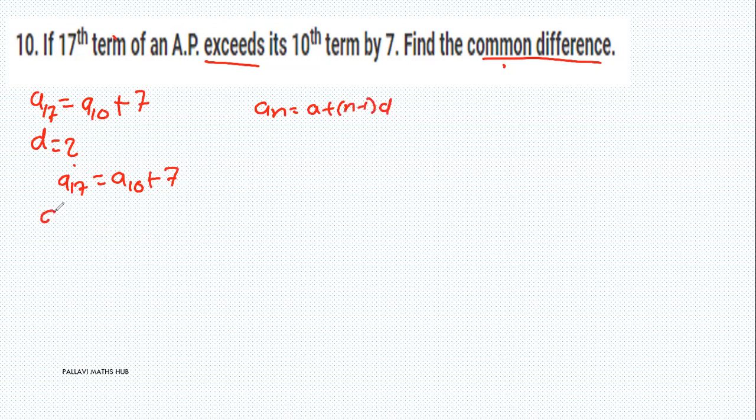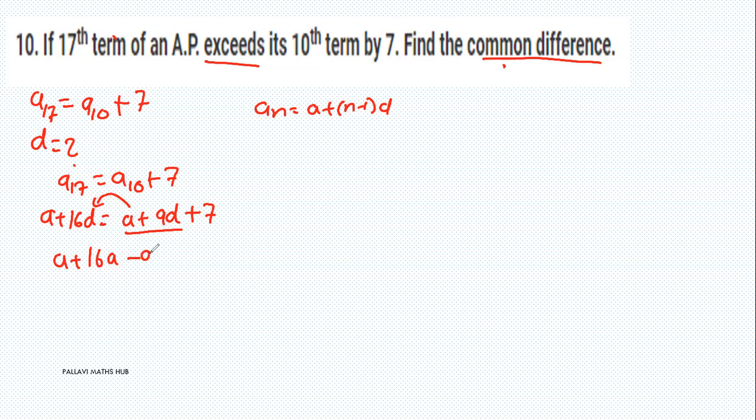Directly, I will write here A plus (17 minus 1) is 16D is equal to A10, which means A plus (10 minus 1) is 9D, plus 7. So here A plus 16D, I am taking these two terms to the left hand side.